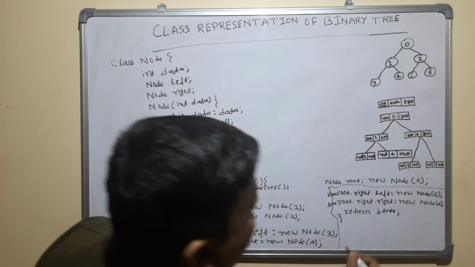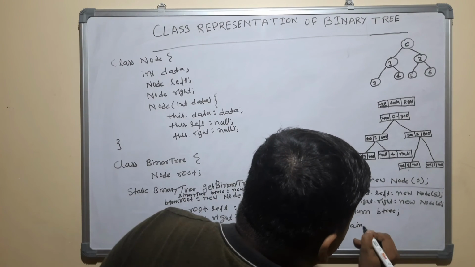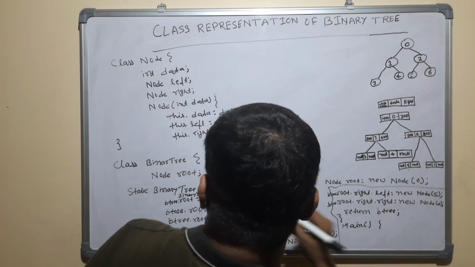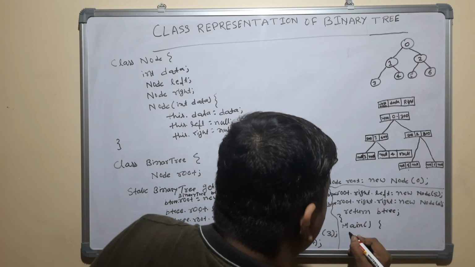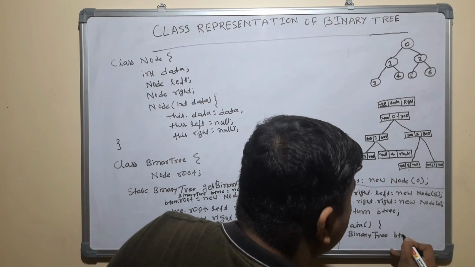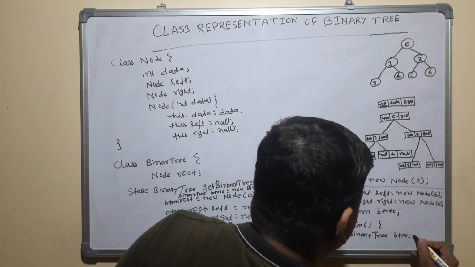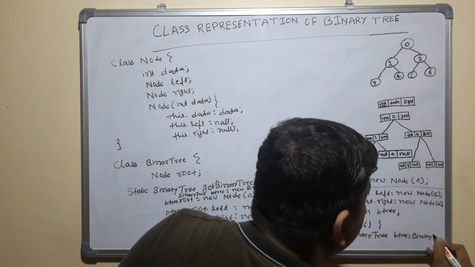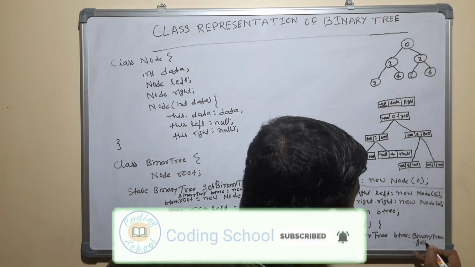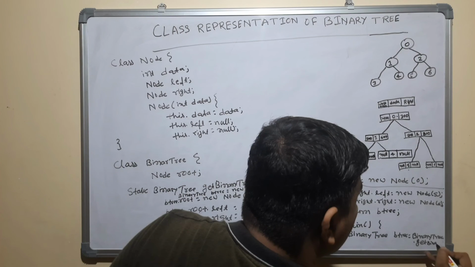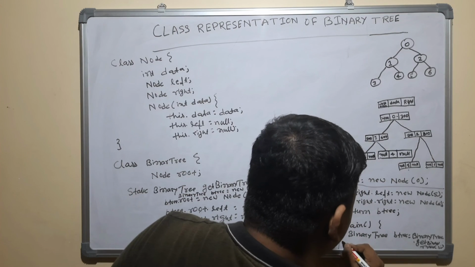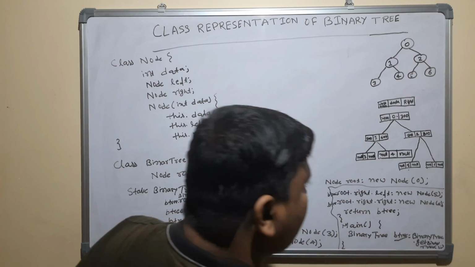We can write here the main program, main method, and I will get this binary tree object using the static method binary tree dot get binary tree.